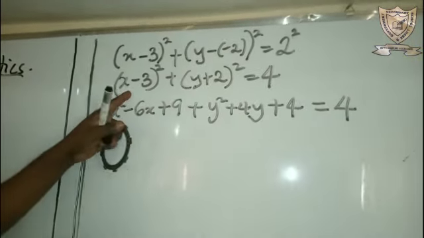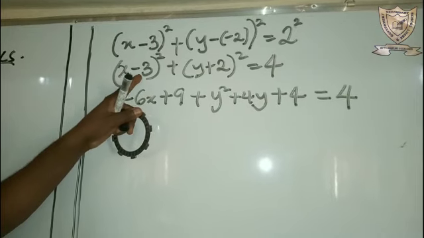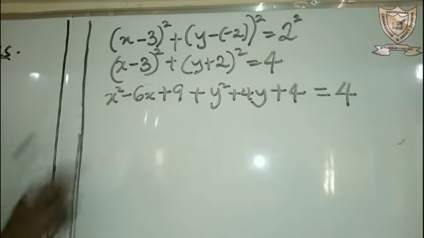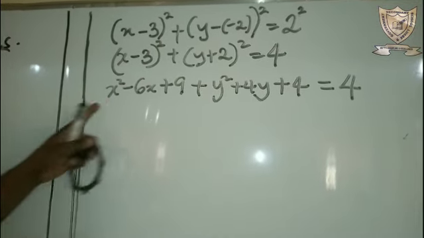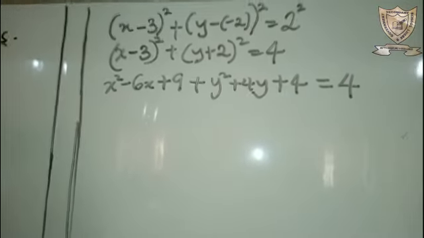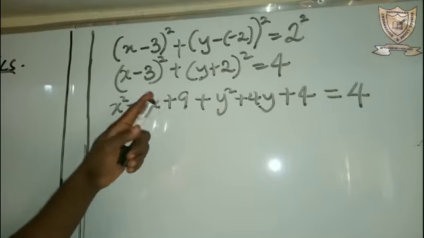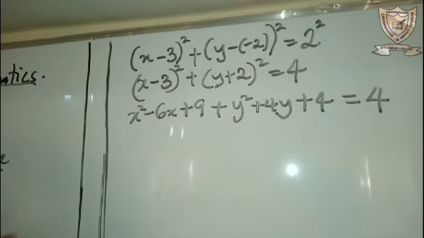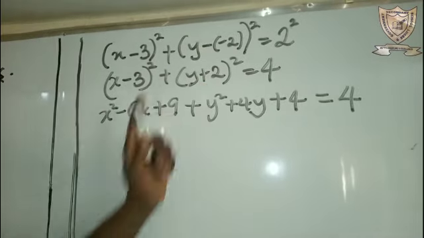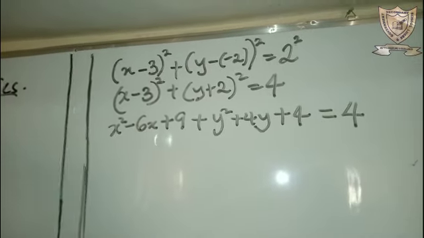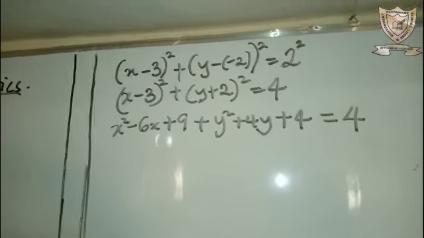Of course, you know this is twice of this: twice x times minus 3 gives this value, and twice y times 2 gives this value. You try it and you see that it's going to be correct.